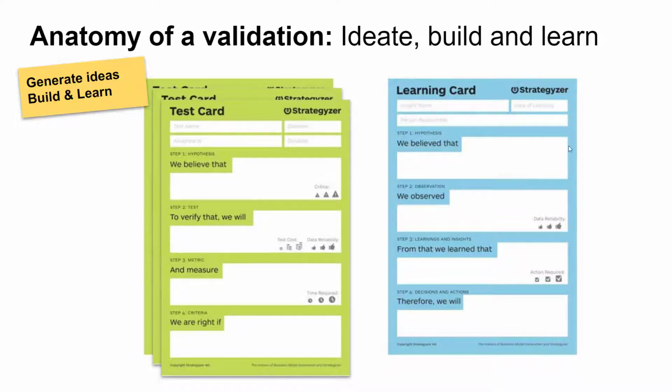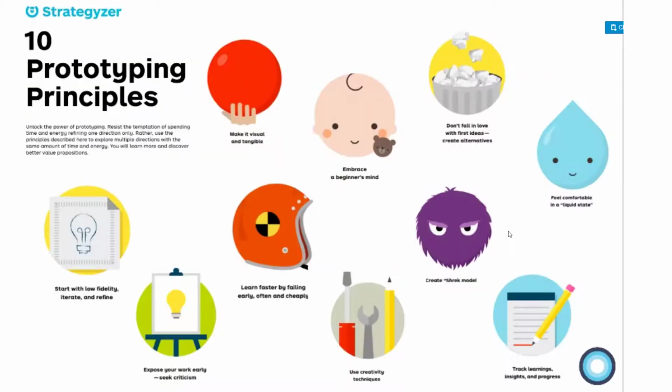And then you have a learning card, which captures the results of these prototypes or tests that you do, and find out what you learned from that. So it's basically a very straightforward scientific way of doing things.